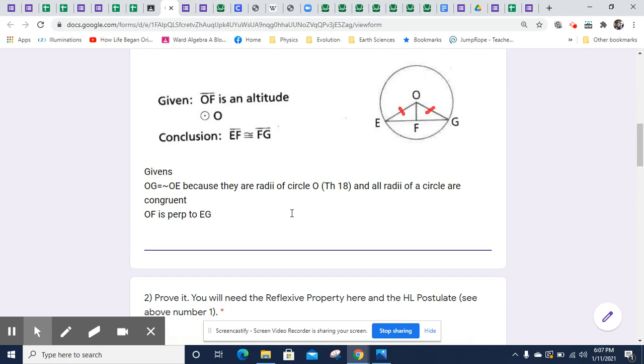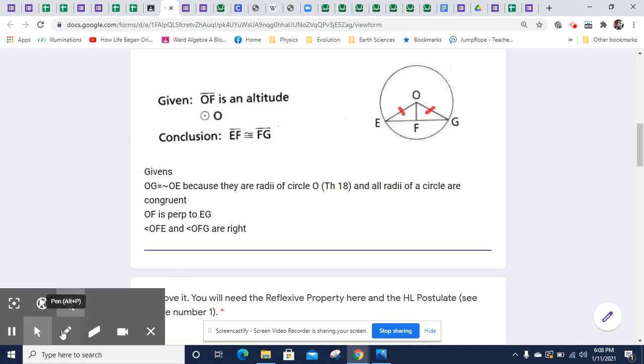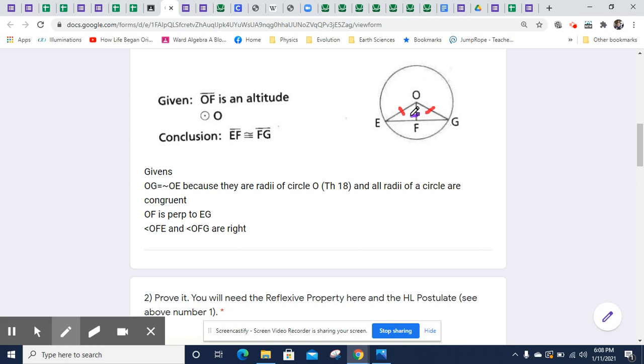And then we can say angle OFE and angle OFG are right. Okay, so let's mark that up. We'll use blue. So that's a right angle, and that's a right angle.